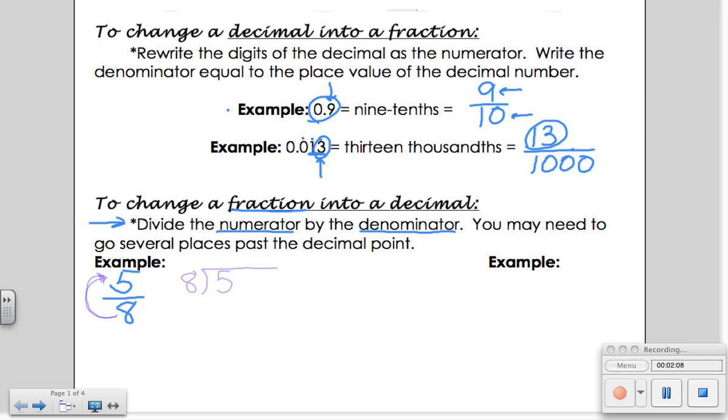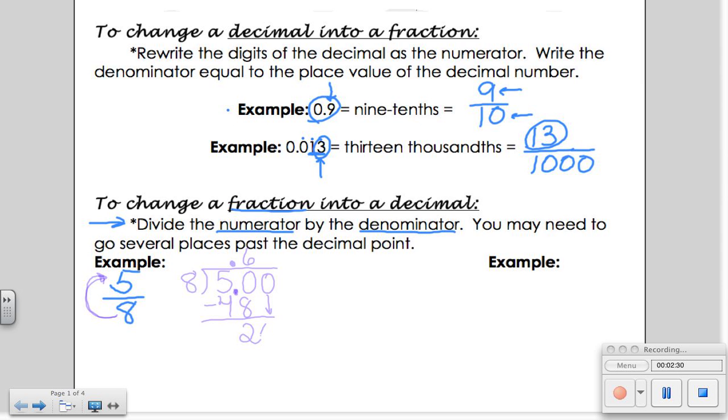8 cannot go into 5, so I have to add a decimal and a 0. When I add that decimal, remember that it gets carried up to the top here. 8 goes into 50 6 times. 6 times 8 is 48. Go ahead and subtract those. 2.